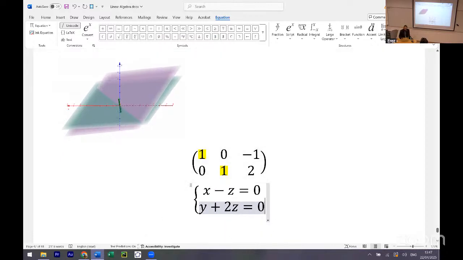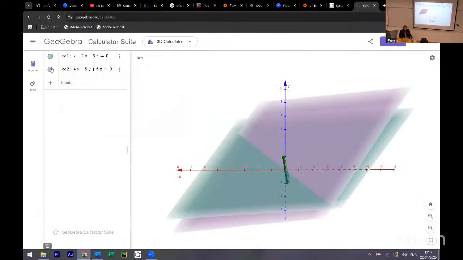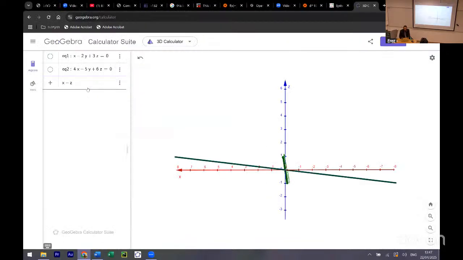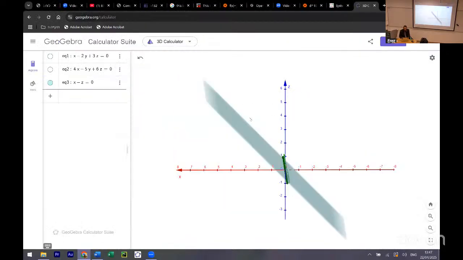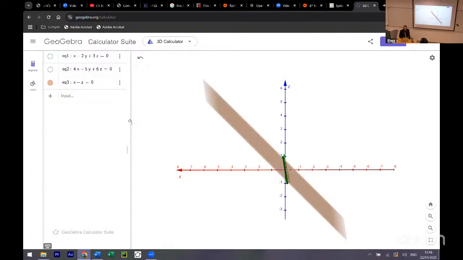And now let's draw these two planes. So I cover these two up, as I said. What was it? X minus z equals 0. Let's even give it a different color. Let's go orangey. And the last one is y plus 2z equals 0.